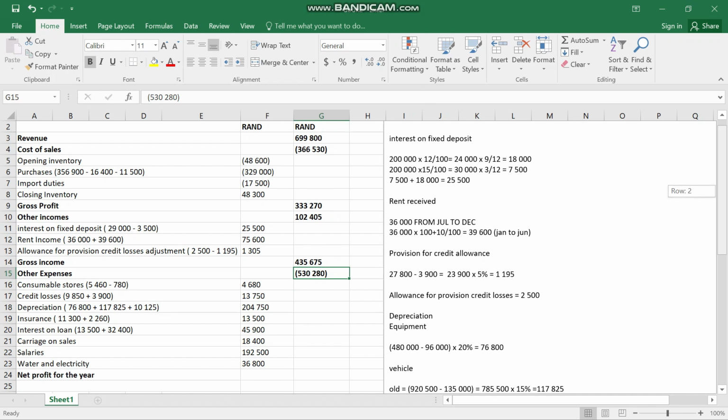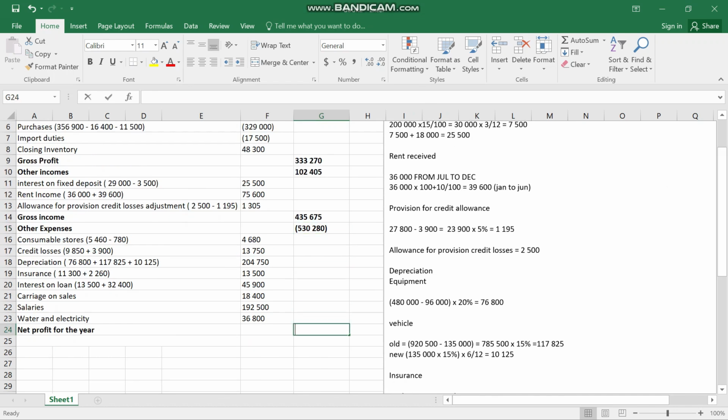Okay, I'm sorry, guys. Then you less gross income, less other expenses, which is 280 less 435, which is 94,605 in brackets because it's an expense and this company is losing money.